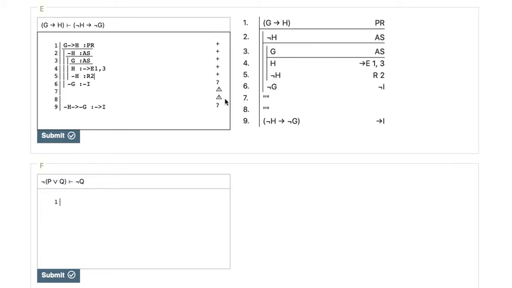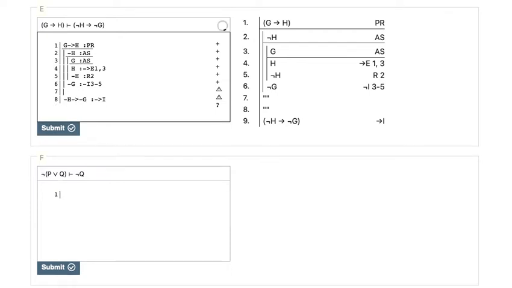And that's actually it. We have on line 4 and 5 an explicit contradiction, which is what we wanted in this subproof. This one that runs from 3 to 5. So on line 6, we can say negation introduction, not G, applied to lines 3 through 5.